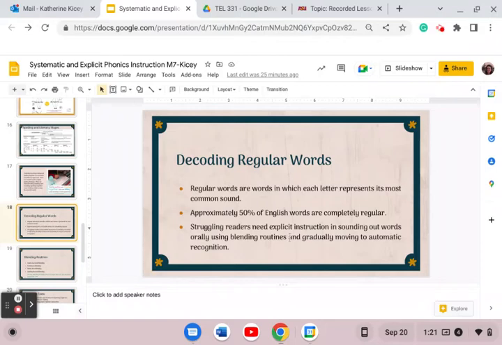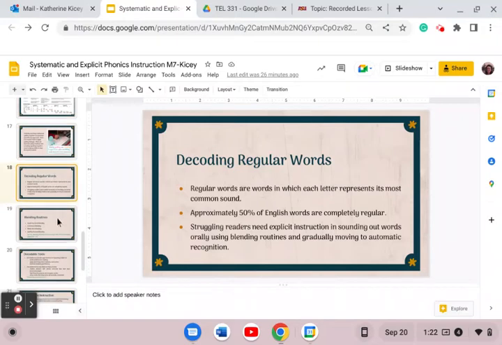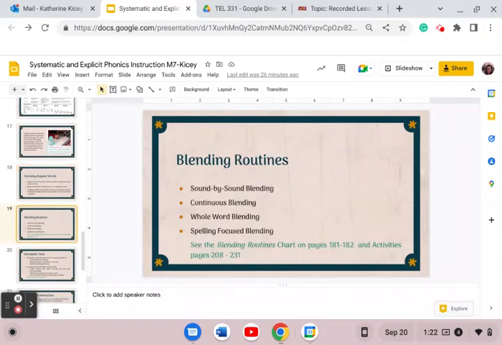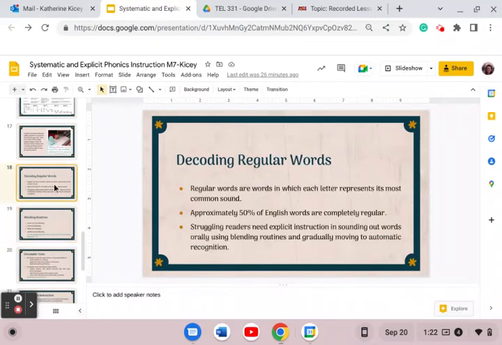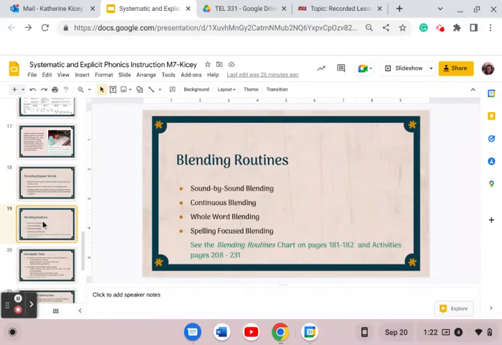Struggling readers may need explicit instruction in sounding out the words orally, and then blending routines. Decoding is sounding out the word, and then you would move to blending before you get to automatic recognition. A blending routine would come after decoding. If a child can decode, they're ready to learn how to blend.